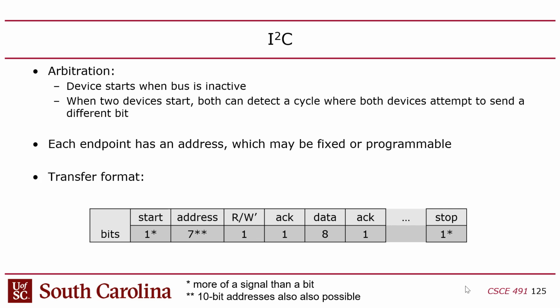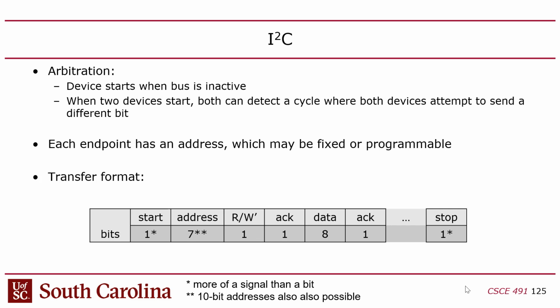You guys, does it make sense? So I'm controlling the data line as the master, but at some point, when I expect the slave to take control, I have to release control of it. So there's this handoff, right? And then with the data, it's the same thing. If I'm doing a write, the master will then assume control again after the acknowledge to send its word, its byte, and then the slave will have to assume control in order to do the acknowledgement.